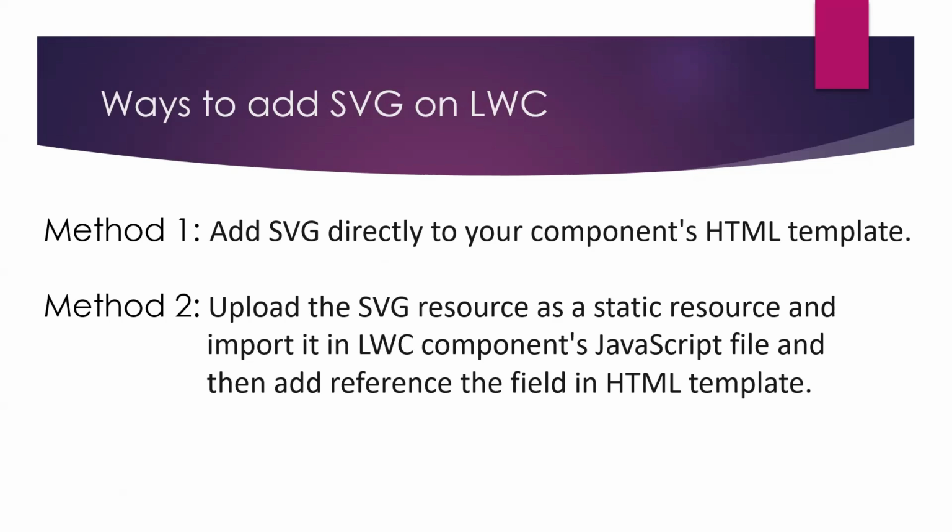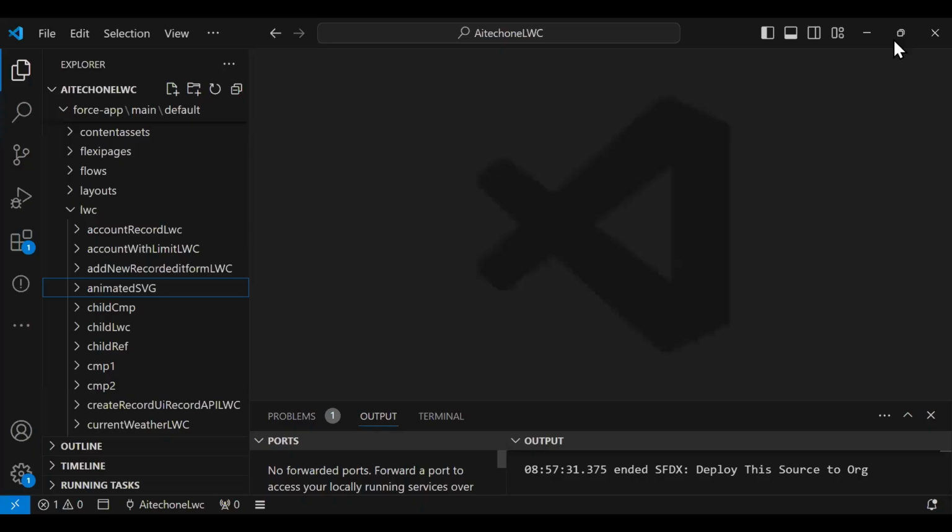So let's begin, and we'll see how to add an SVG directly to the component HTML template. We'll see both the methods one by one. First of all, I will look at the first method, where we add or display an SVG icon directly in an HTML template on a Lightning Web component.